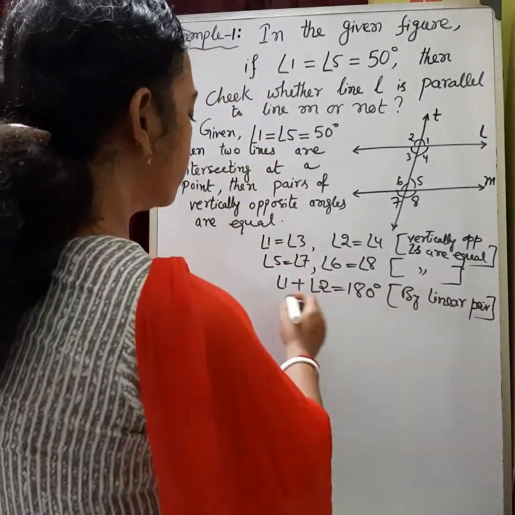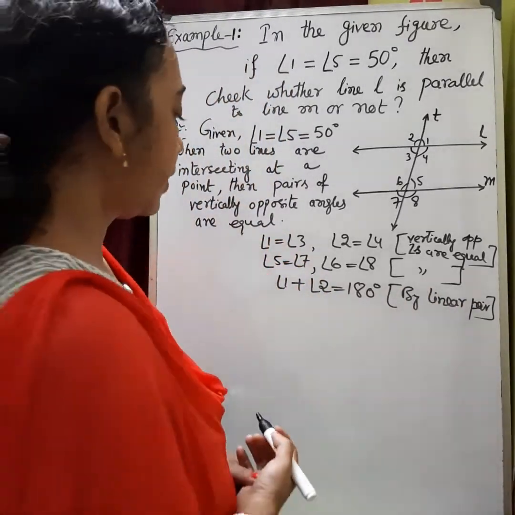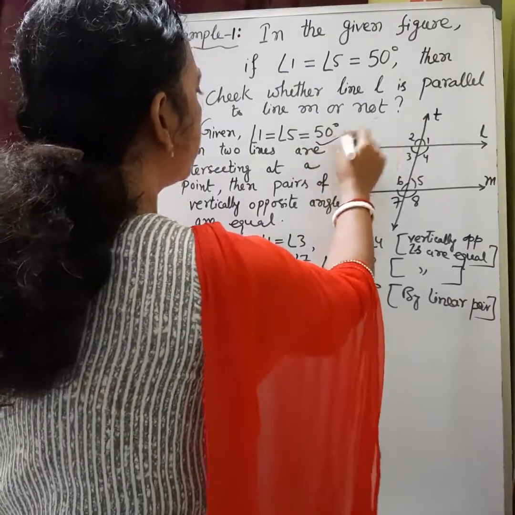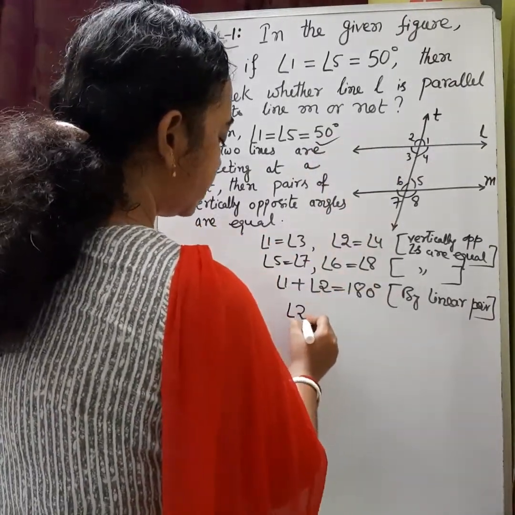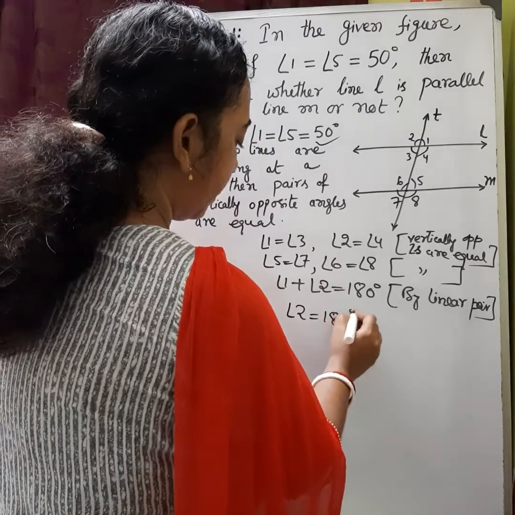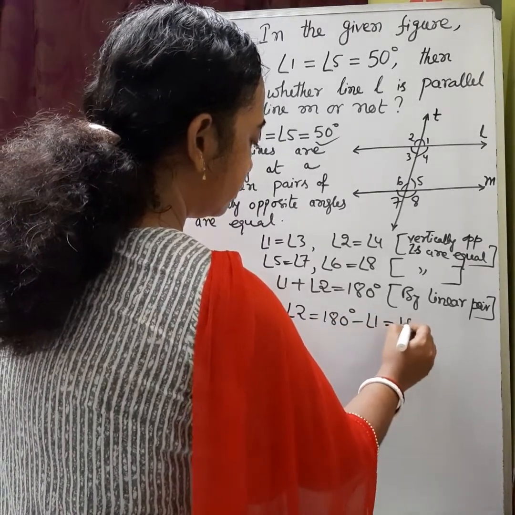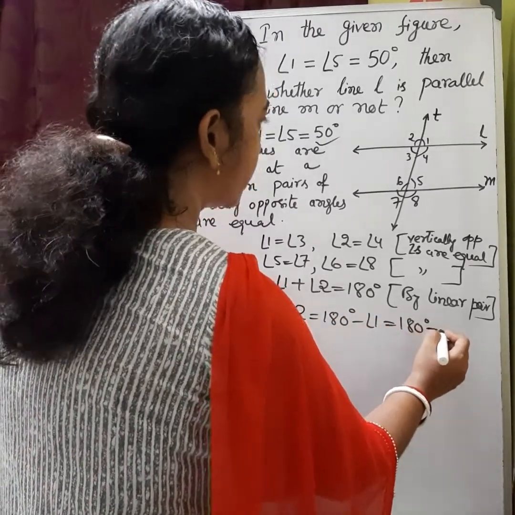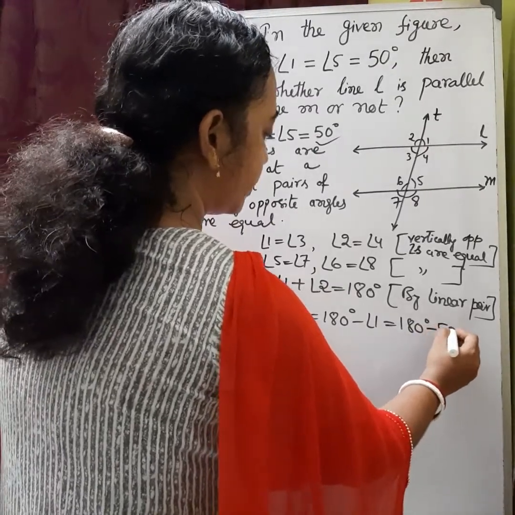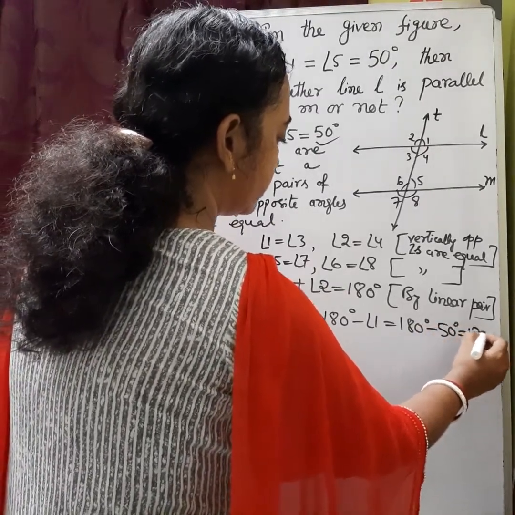So from this condition we can get the value of angle 2 because we already know the value of angle 1. So angle 2 will be equal to 180 degree minus angle 1, that is 180 degree minus the measure of angle 1, here 50 degree. So it is coming here 130 degree.